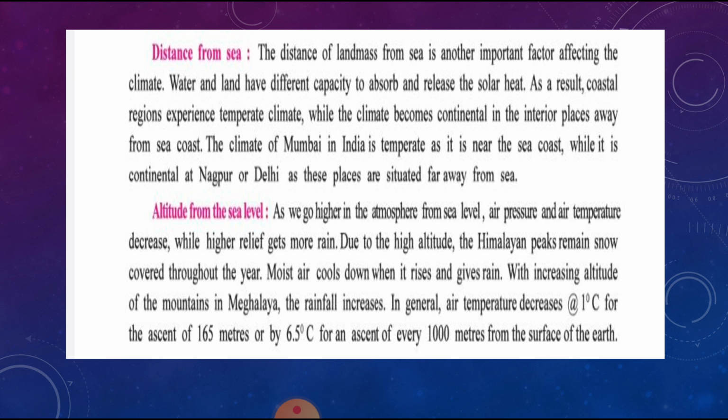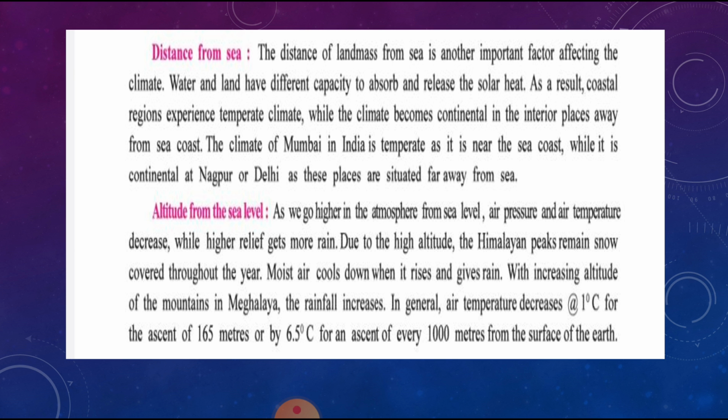Now moving ahead is the altitude from the sea level. As we go higher in the atmosphere from the sea level, air pressure and air temperature decrease, while the higher relief gets more rain. The features related to the elevation of areas are known as relief features, that is called altitude.